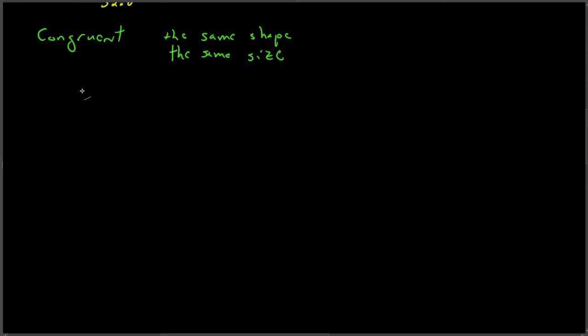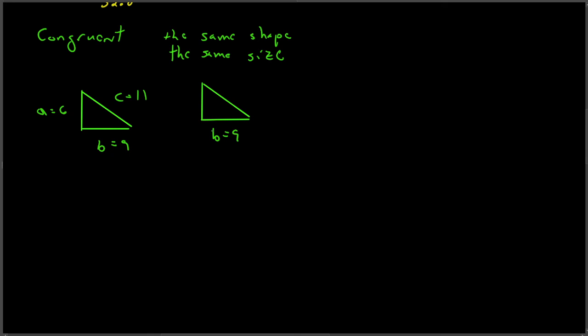So if I look at congruent triangles, and let's say A is equal to 6, C is equal to 11, and B is equal to 9, then this other triangle has to have the same.